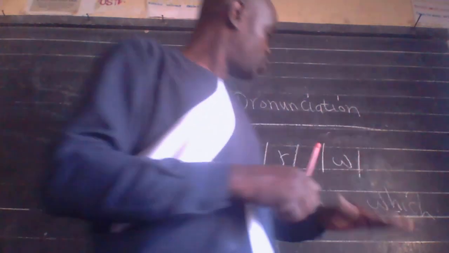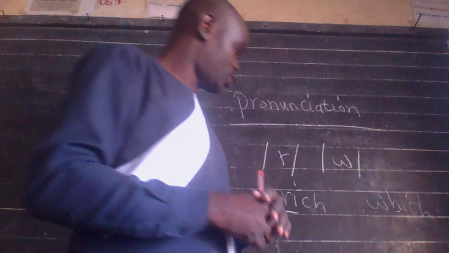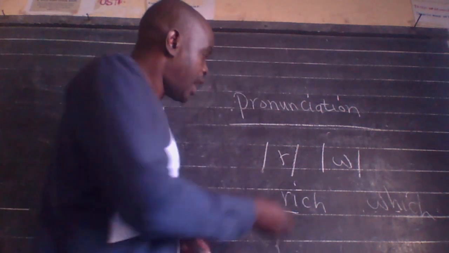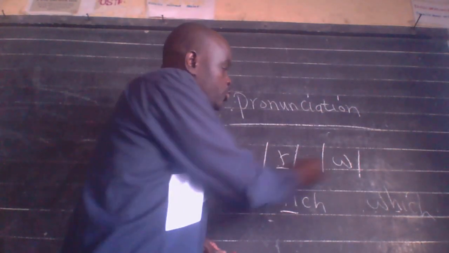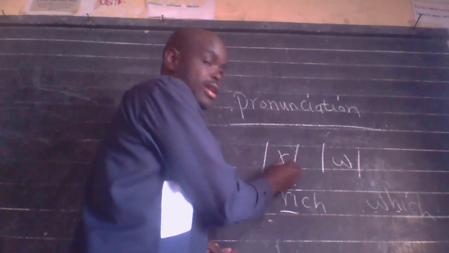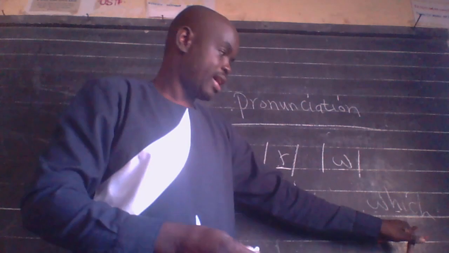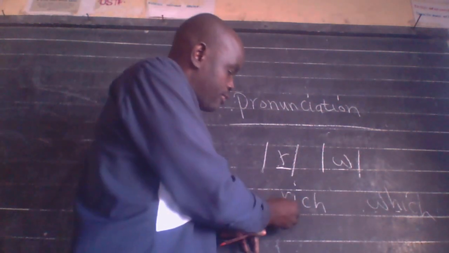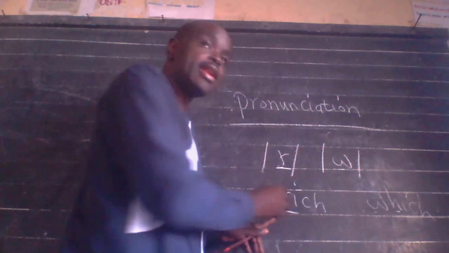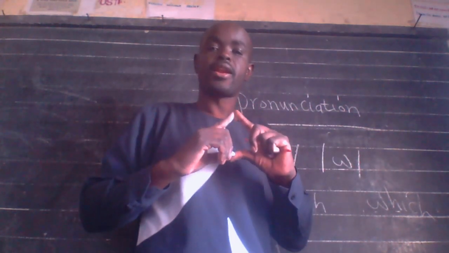Now, before we do that, let me rewind what I've just told you. When you want to know the difference between the sounds, you use minimal pairs. So in these cases, we have reach. And when I say reach, you look at my tongue to see how I'm pronouncing it.